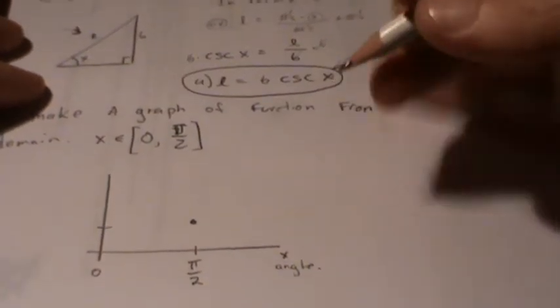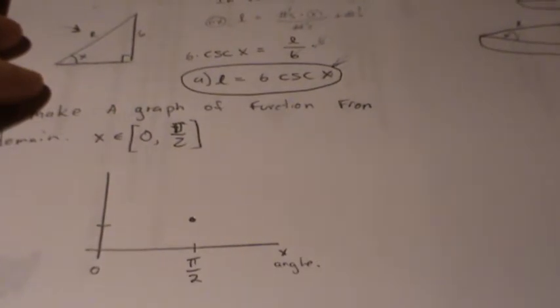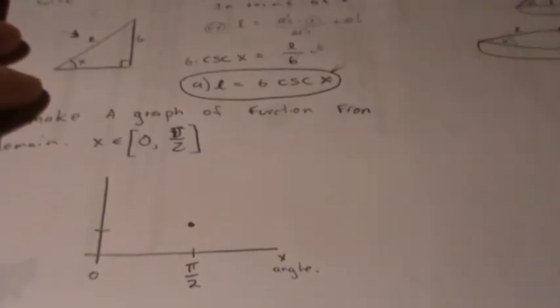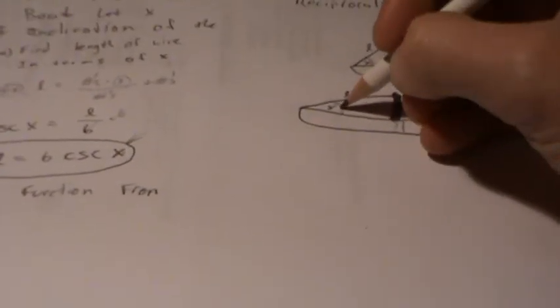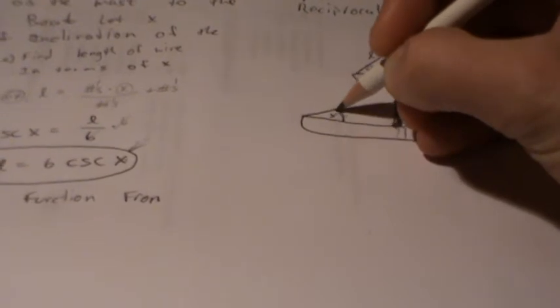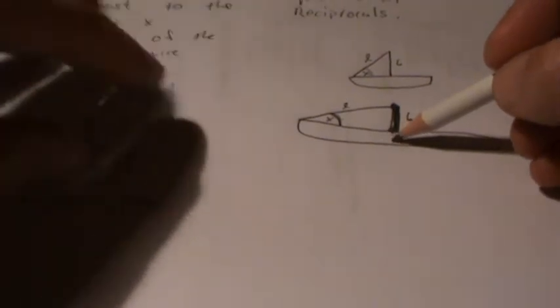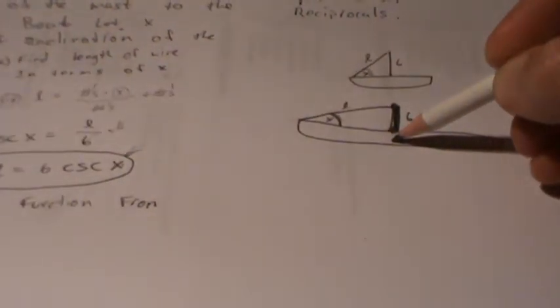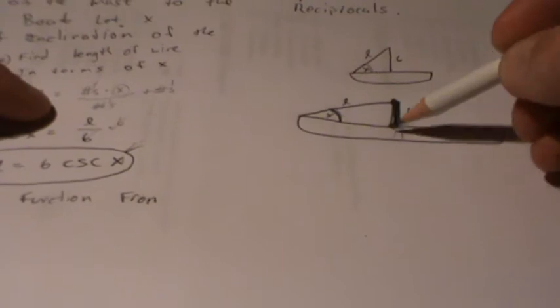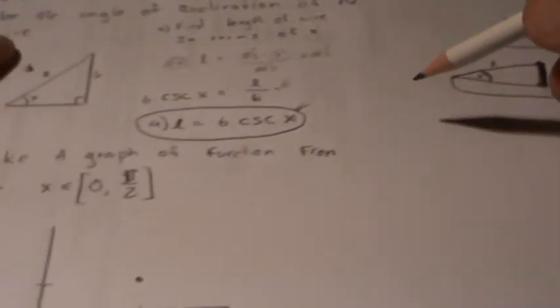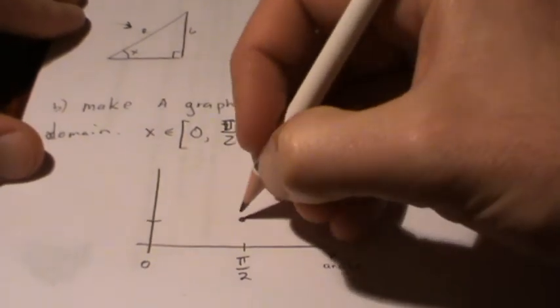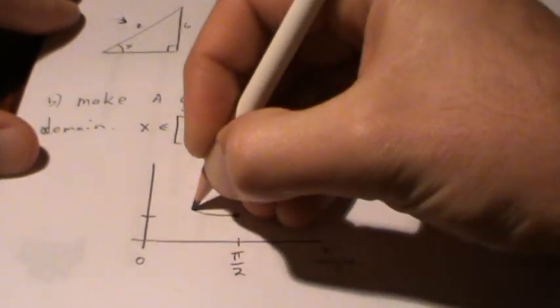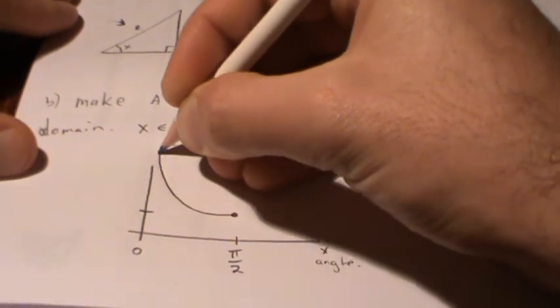Then as the angle decreases, meaning the length of my boat increases, goes way out here, then the angle decreases to almost 0, and we should see basically an asymptote situation.